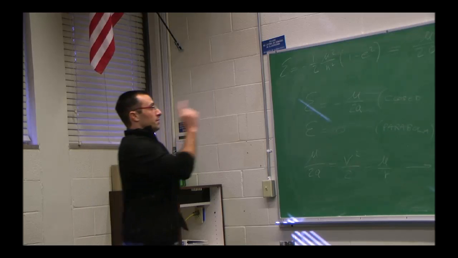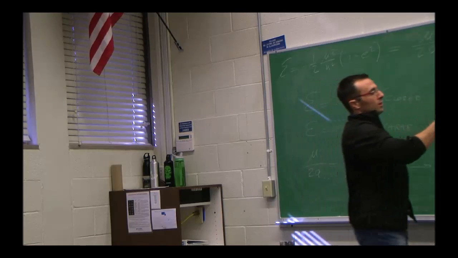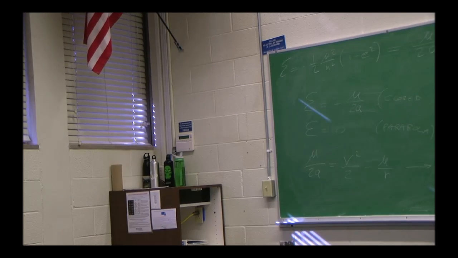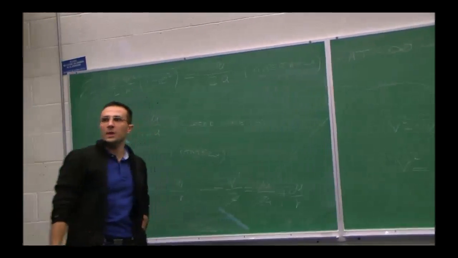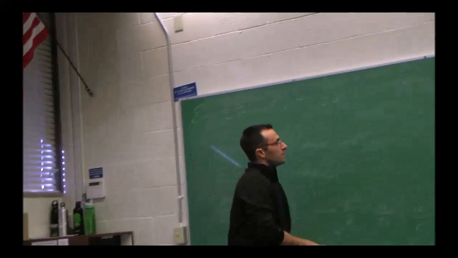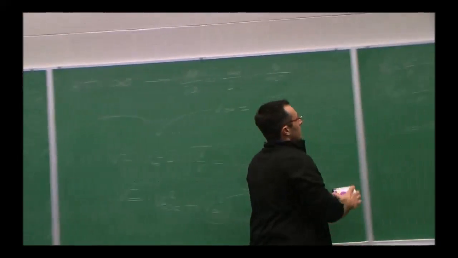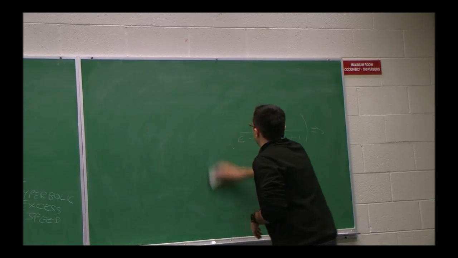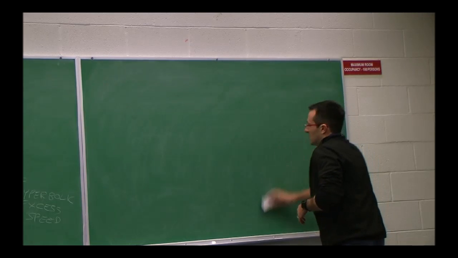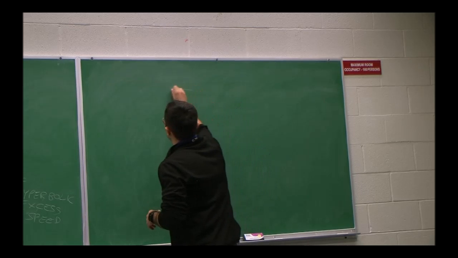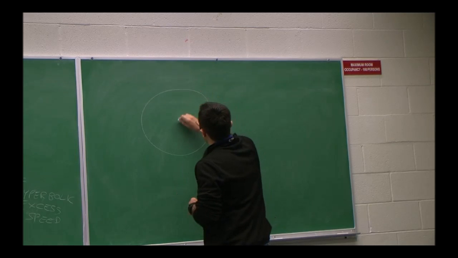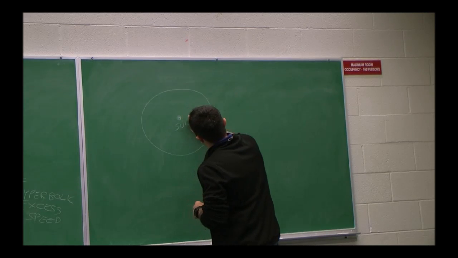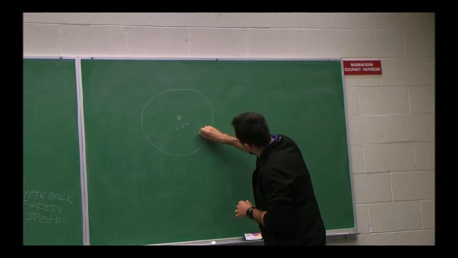Then on top of escape, which is hyperbolic paths, not only you're not coming back, you have a residual relative velocity with respect to the planet. So in other words, if you look at the trajectory of the Earth around the sun, if you're talking about satellites of our planet, let's say that this is the sun and this is the Earth.